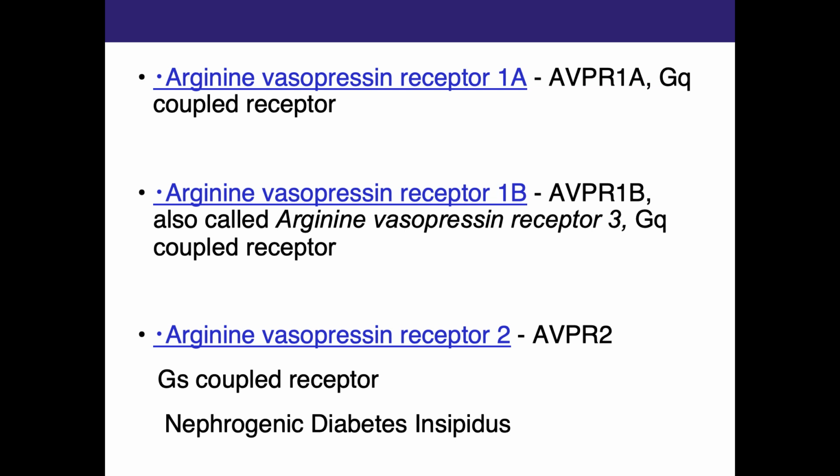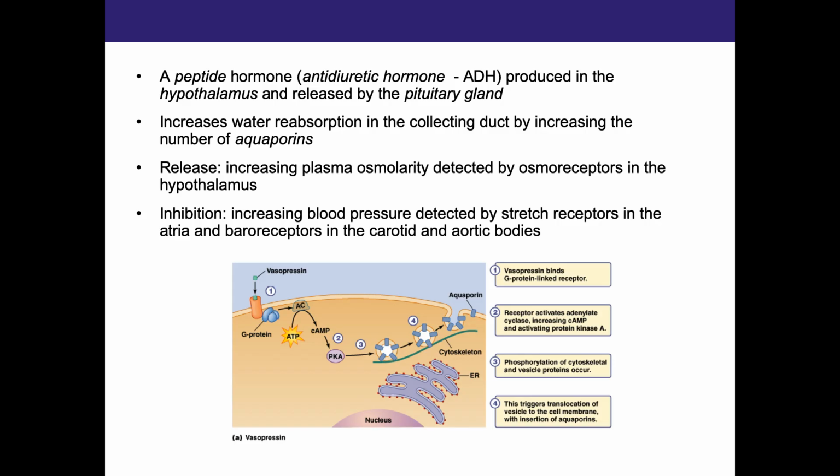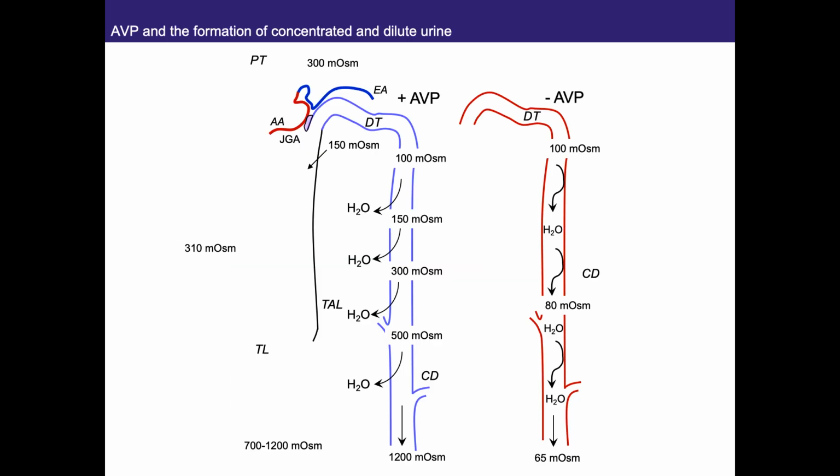Does anybody have any questions about vasopressin? These are just more or less review slides, but it really does help you think about what happens in the presence of vasopressin. That's what's happening with blue, and the absence of vasopressin, which is what is happening here in red. So, when vasopressin is circulating through your body, you insert those aquaporin channels and you are able to pull water out.